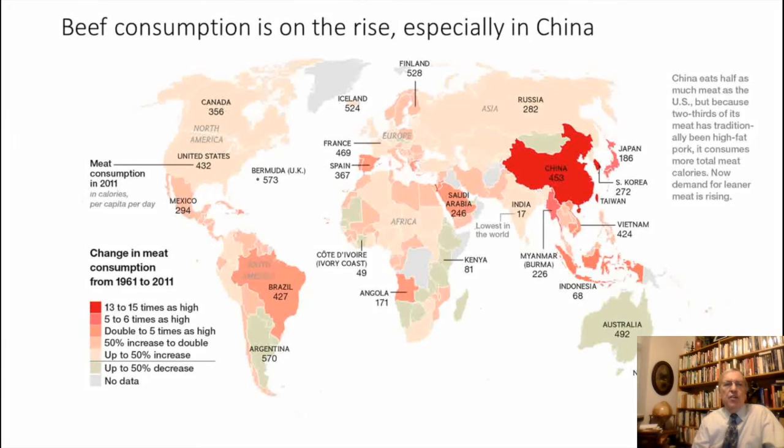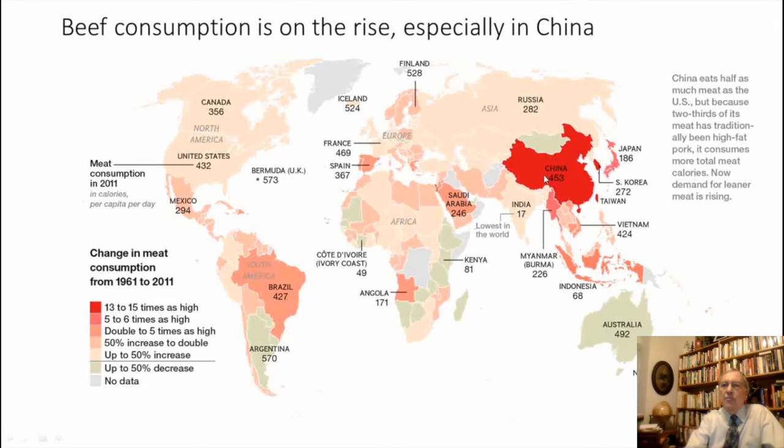Beef consumption is on the rise, especially in China, where the change in beef consumption from the 1960s through 2011 is 13 or 15 times as high, and in fact is now slightly above the amount of beef that folks eat in the United States.